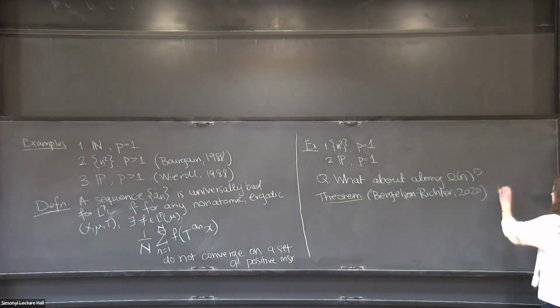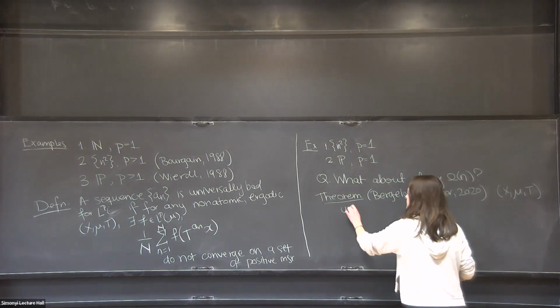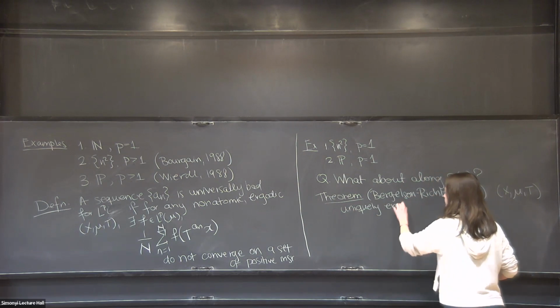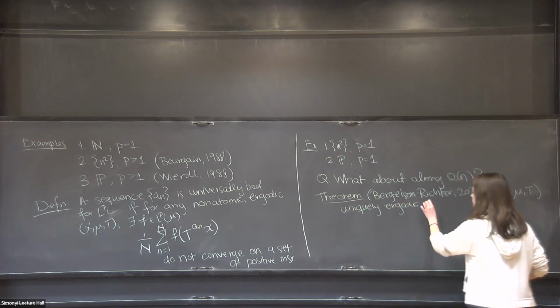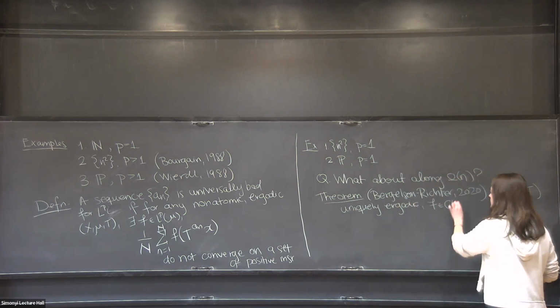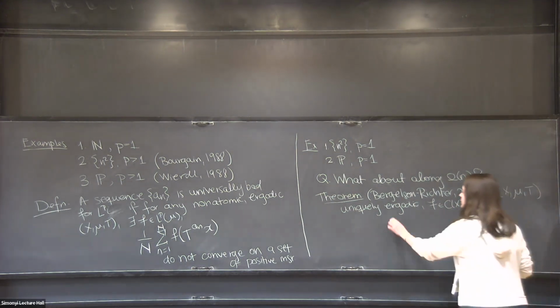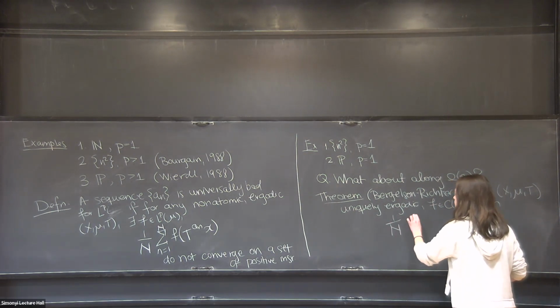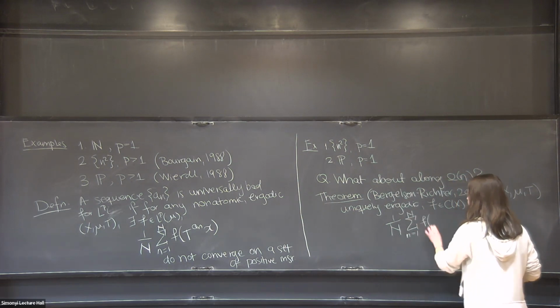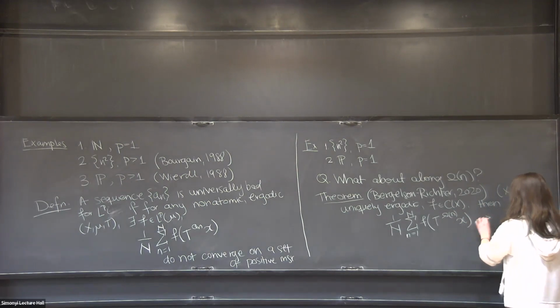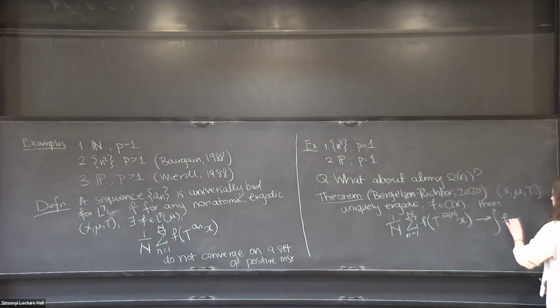The result says that if we take a uniquely ergodic system and f to be a continuous function, then the averages along omega n do converge, and in fact they converge to the integral of f.